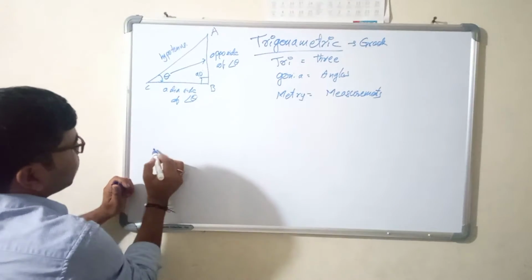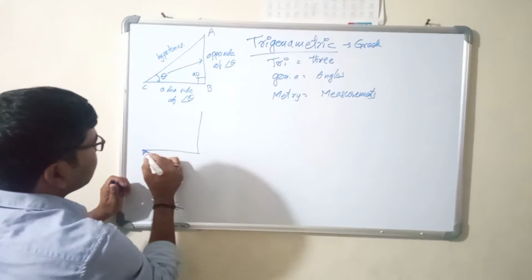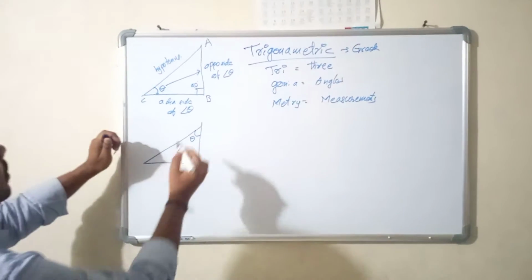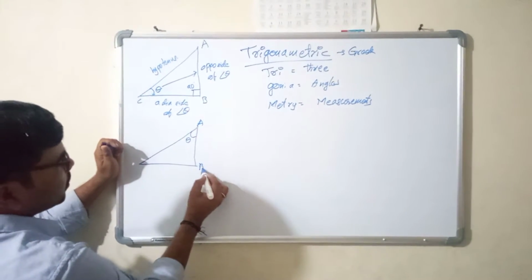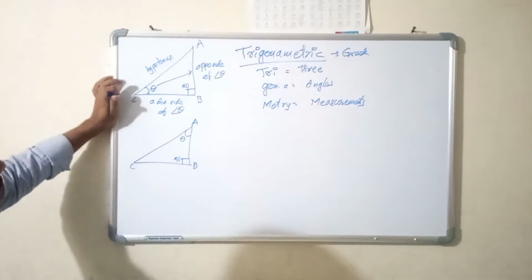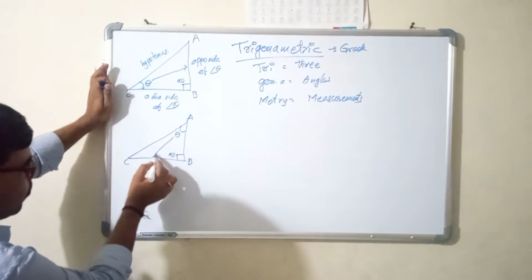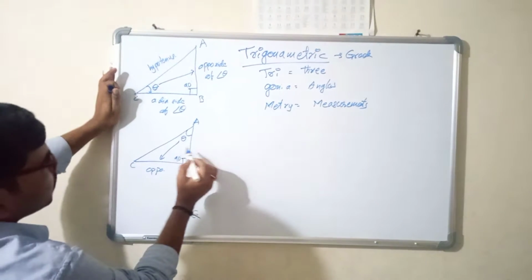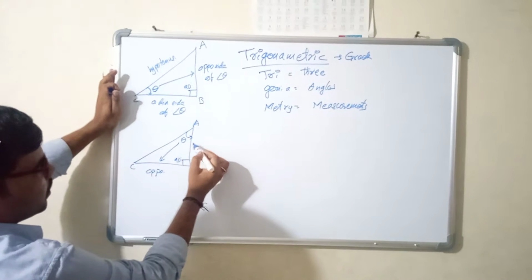Suppose we take another right angle triangle like this, with theta the same as in triangle ABC, where B is 90 degrees. If this is theta, this is the opposite side of theta. The opposite side changes. Next, this is the adjacent side of theta.